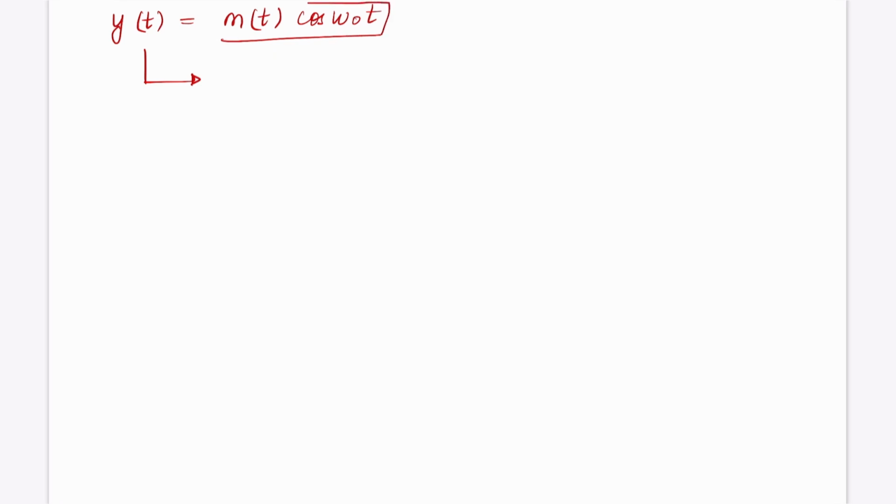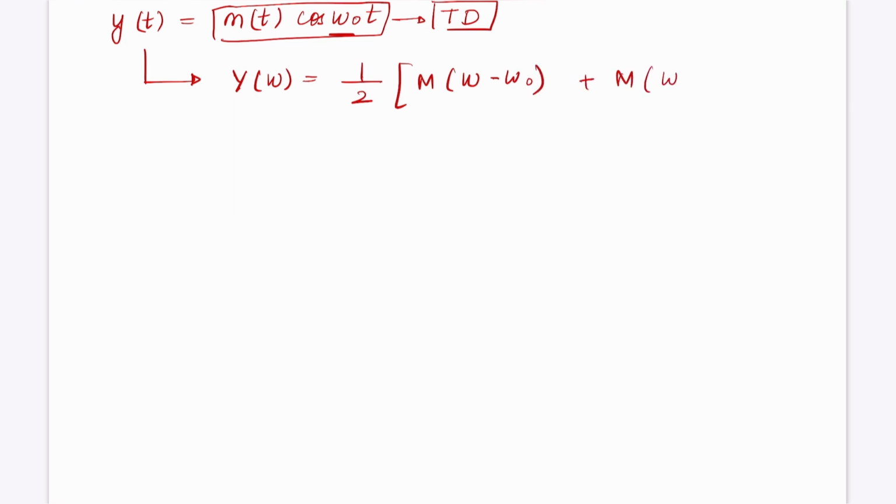if we multiply a cos signal in time domain, it will shift the signal by omega naught values in frequency domain. So Y(omega) will become half of M(omega minus omega naught) plus M(omega plus omega naught).